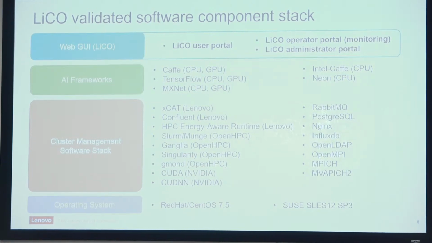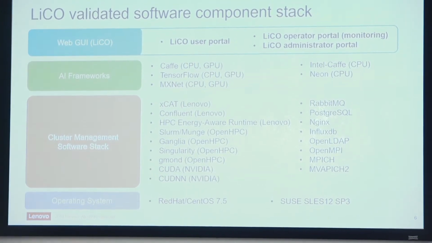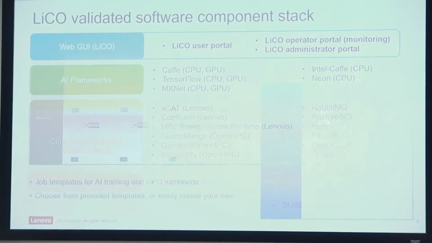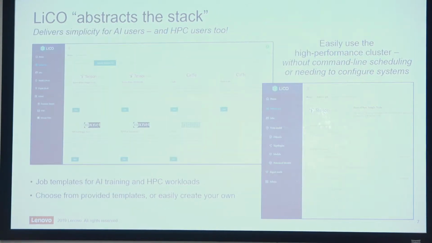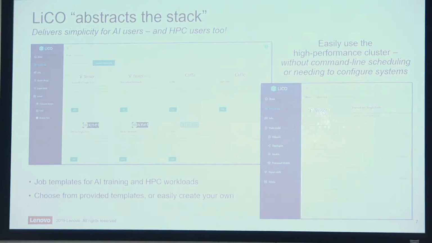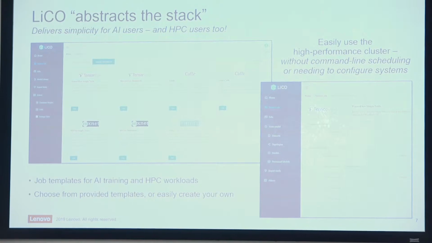And then where LiCO sits is on the top, and we've got a user portal, but also an administrator and operator portal where we can not only use the cluster, but monitor it as well, manage those users, things like that. So what we're basically doing is abstracting that stack, which most of you probably know and love, for the people that have no idea what it is. And so this delivers simplicity, not only for our AI users, but some of these new HPC users as well.